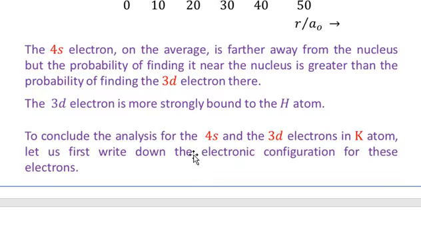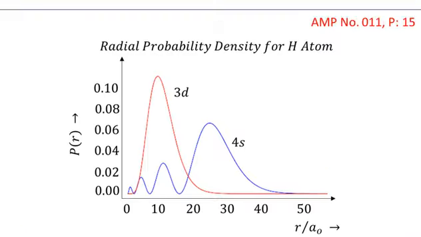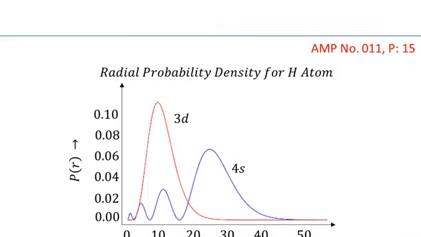To conclude the analysis for the 4s and 3d electrons in the potassium atom, let us first write down the electronic configuration of these electronic states. We are looking at the probability density plot for the hydrogen atom for the 3d and 4s case.